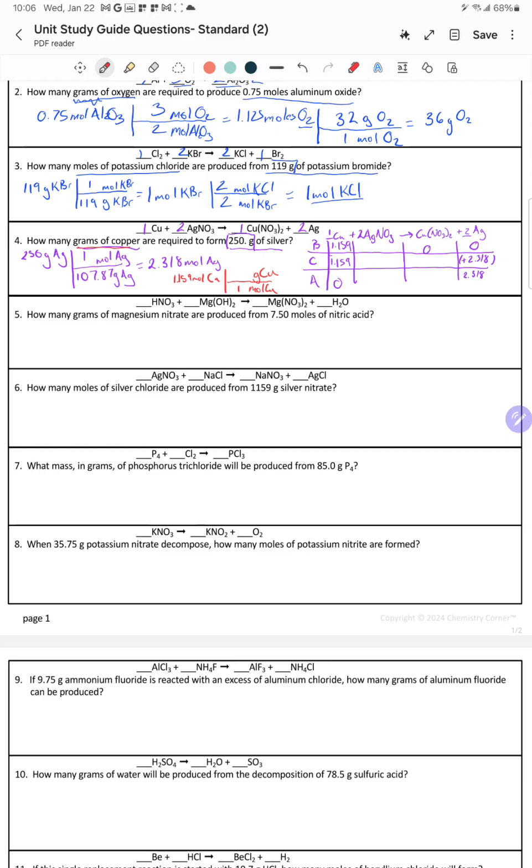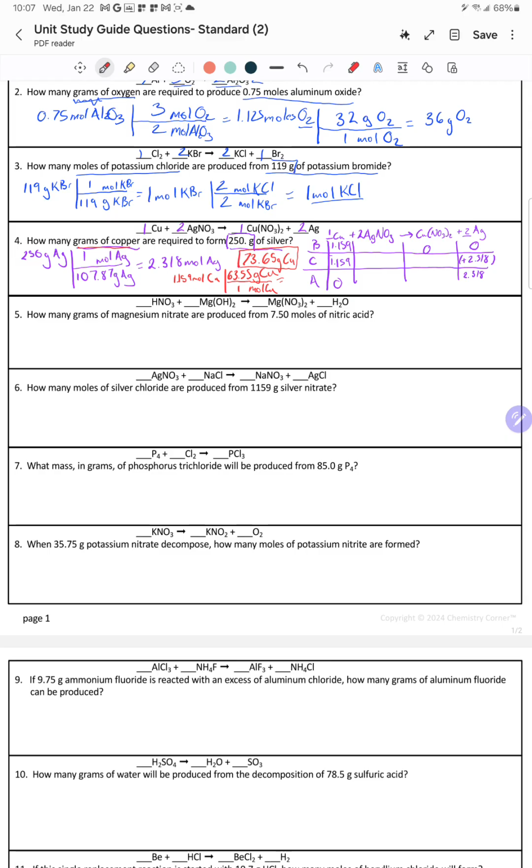I look at the molar mass for copper, and your molar mass for copper should be 63.55 grams. Then I multiply the top, divide by the bottom, which gives me a lovely total of 73.65 grams of copper. That is my final answer.